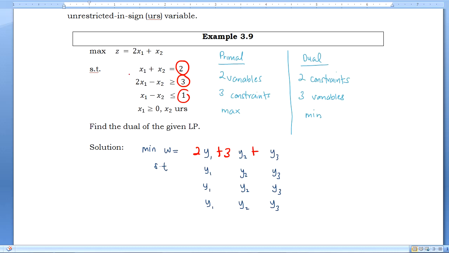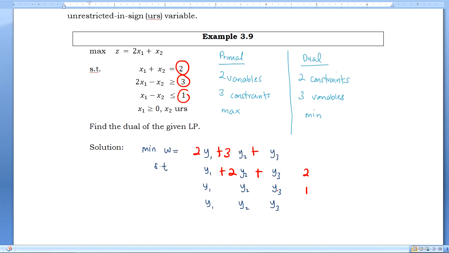and the right hand side of the constraints in the dual come from the coefficients in the objective function of the primal. So we have 2 and 1. Now for the left hand side of the constraints, the coefficients of the first constraint are 1, 2, 1: 1y1 plus 2y2 plus 1y3.